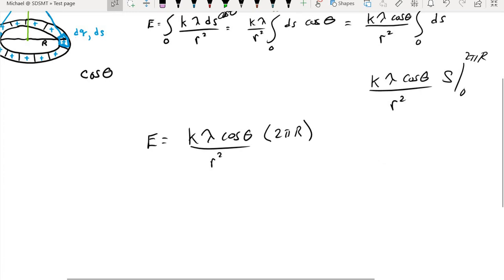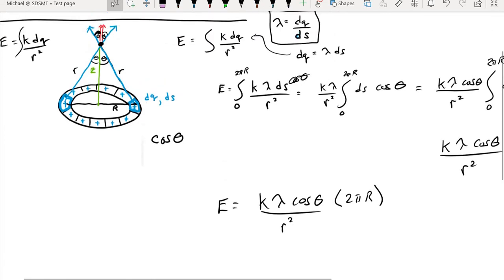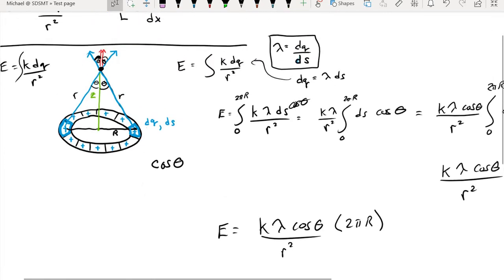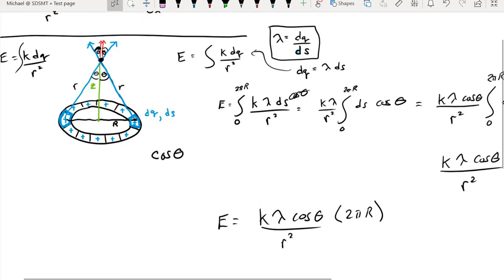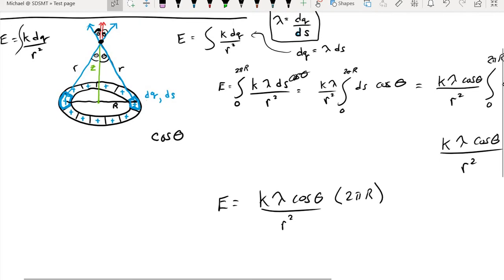And technically that would be the electric field magnitude up at point P, which happens to be a distance of z from the center point. But if you notice, there is nothing in this expression that says anything about z, which is kind of odd.